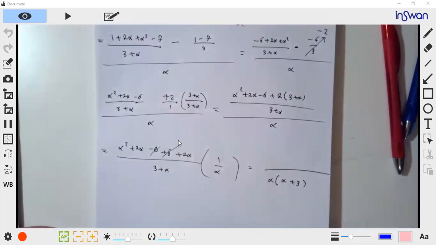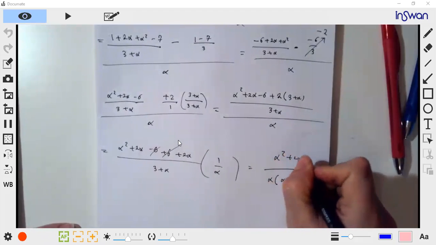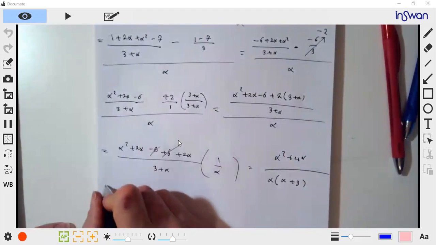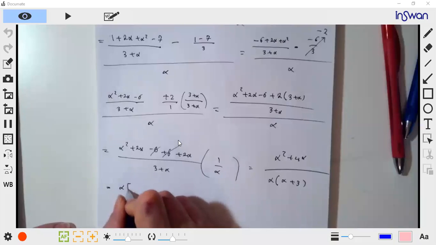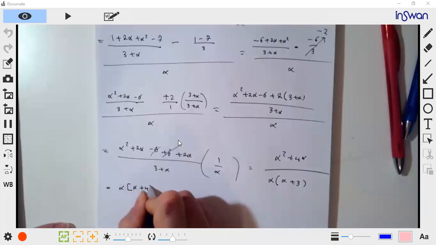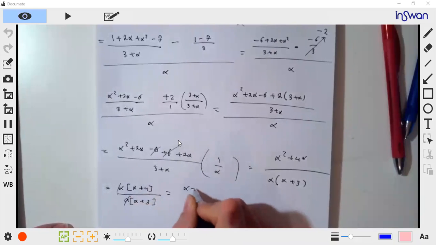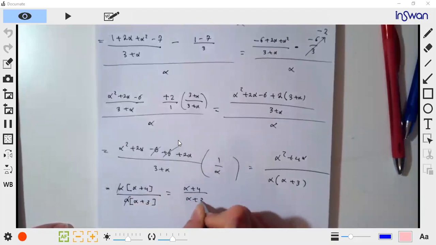The 6's cancel, and the 2 alphas combine. So we get alpha squared plus 4 alpha. And we can factor out alpha from the numerator. We get alpha plus 4 all over alpha times the quantity alpha plus 3. We can cancel out alpha, so we get alpha plus 4 over alpha plus 3.